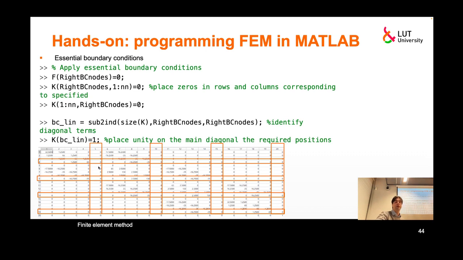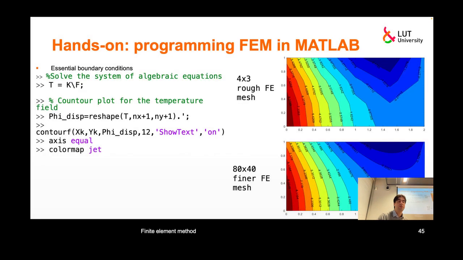Then by multiplying this by the vector of unknown temperatures, we will get just the temperature at that node. Everything else goes away in that particular row of our result vector, and we make it equal to 0. We put 0 in the right-hand side in the same place. Okay, and that's it.